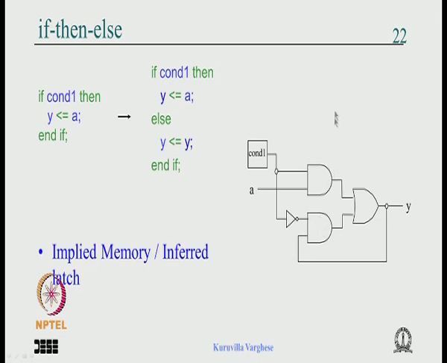You can replace this by a 2-to-1 mux with the select line being condition 1. When the select line is 1, a goes to y, otherwise y is fed back. So you can replace this with the 2-to-1 mux, and with an inverter you get a latch. That's a normal latch kind of RTL symbol. So this is very valid, and if you need a latch like this, you can write code like that.